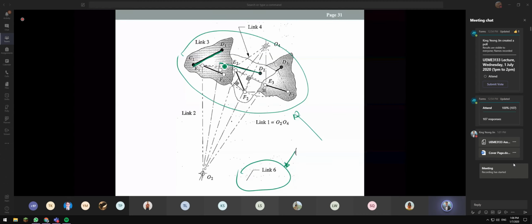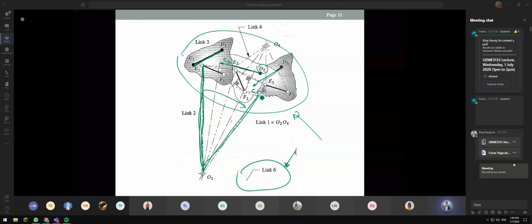It should be here, C2 D2 and then C3 D3. We want this motion, so we form this design and get the linkage here. We know that this linkage will be moving from this line all the way to this line.